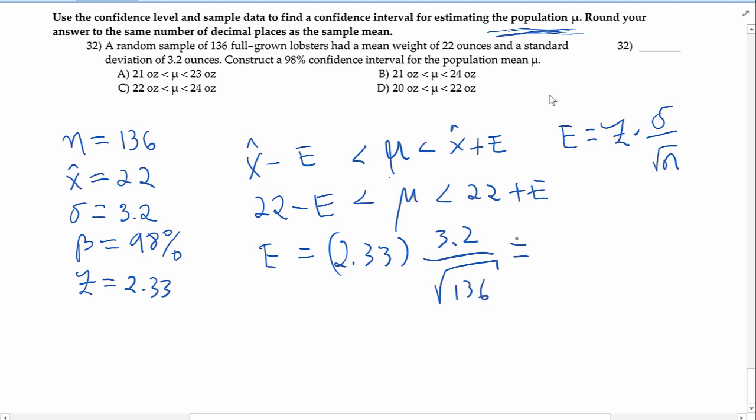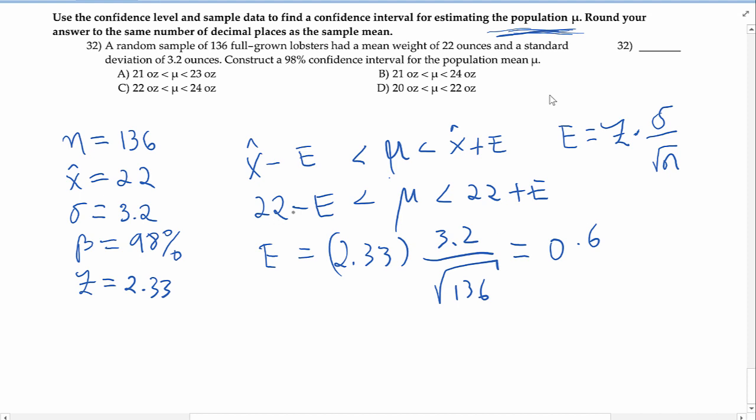Let's calculate this number. So 3.2 divided by the square root of 136, times 2.33, I get a value of 0.6, right? 0.6.